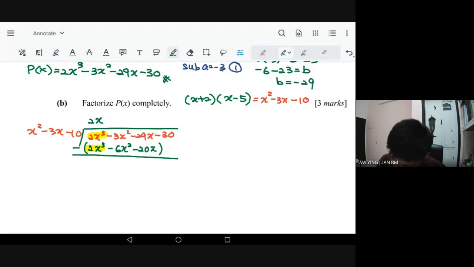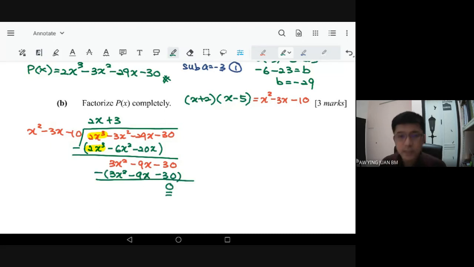And then for this part, we will have 3x squared and then negative 9x minus 30. That is the situation. So continue. Eliminate the 3x squared, so plus the 3. Plus the 3, 3x squared minus 9x minus 30. So if we simplify, the remainder is 0.